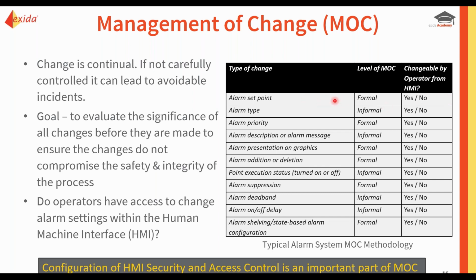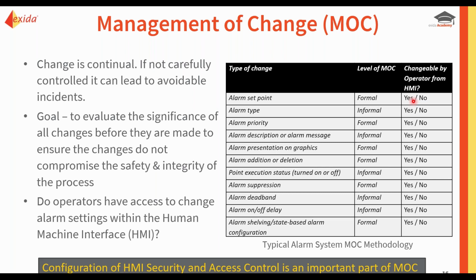So as part of the MOC process, I would suggest that you define explicitly by role what parameters can be changed. Because if you make it so that the operator is allowed to change the alarm set point, or I should say is not prevented from doing it, you are much more likely to end up with unauthorized changes, even though the training and understanding might be that the operators are not supposed to do that.